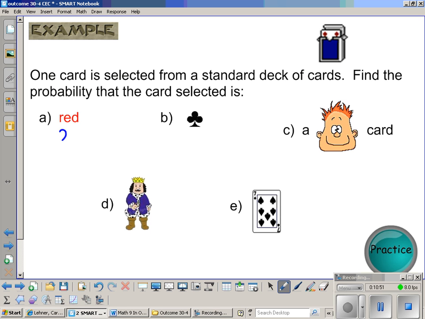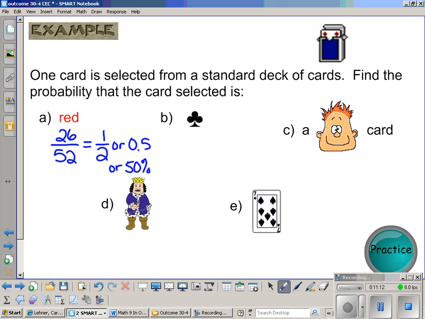So there are 26 red cards in a deck out of 52 cards. And that can be rewritten as 1/2, or 0.5, or 50%. Because remember, we can write it as a fraction, a decimal, or a percentage. So any of those would be acceptable.